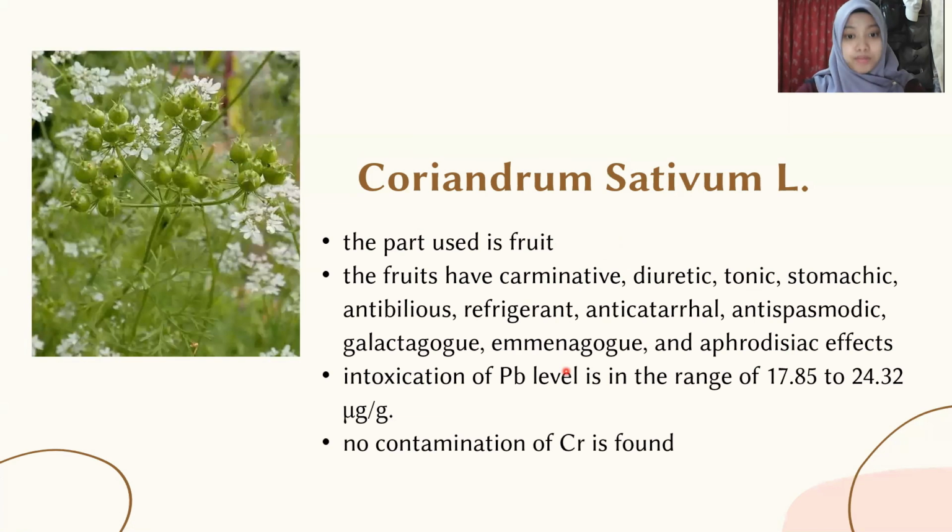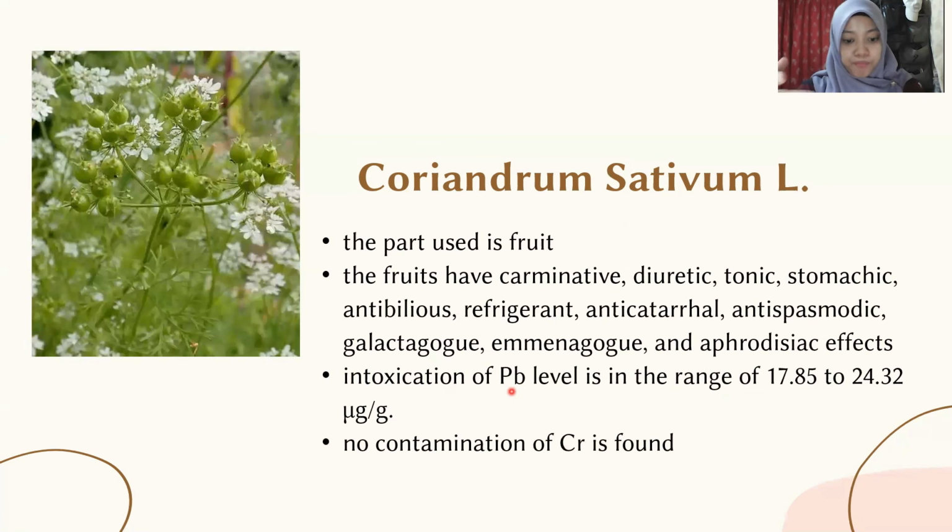As I mentioned before, no contamination of Cr is found in C. sativum. However, there is the presence of a toxic metal, the Pb metal, where the concentration in C. sativum is in the range of 17.85 to 24.32 microgram per gram. The presence of this toxic metal increases the toxicity of the Pb metal in C. sativum.